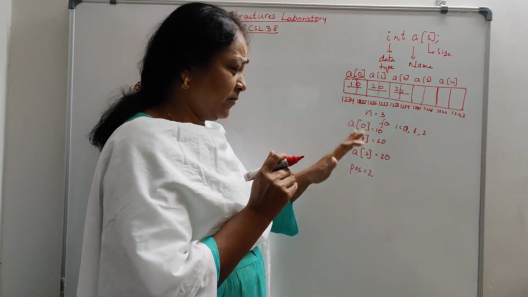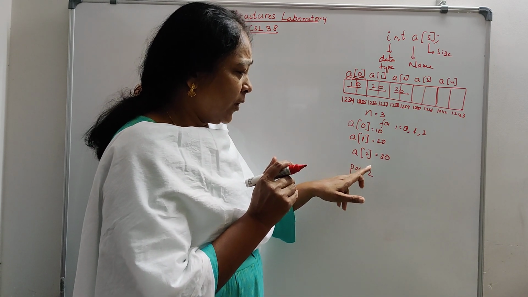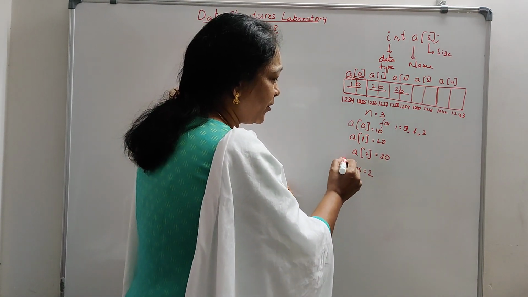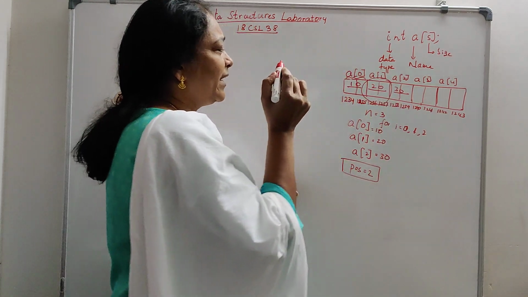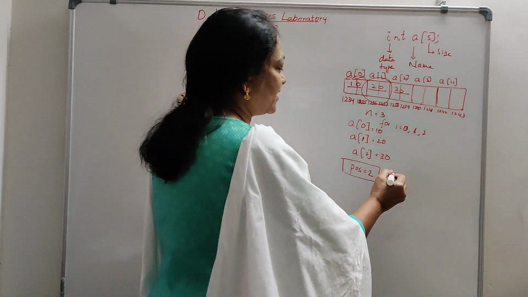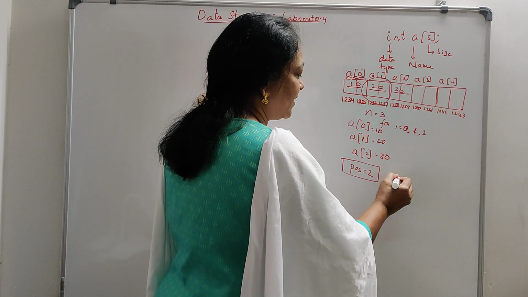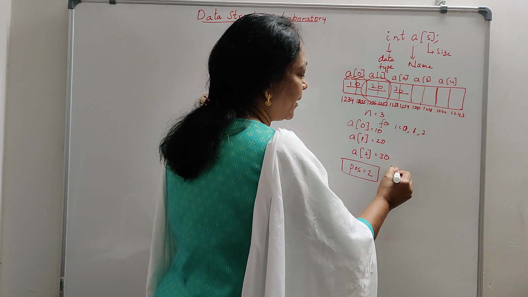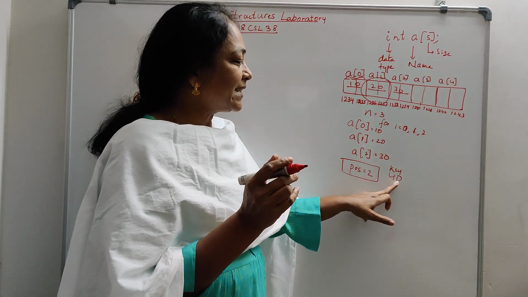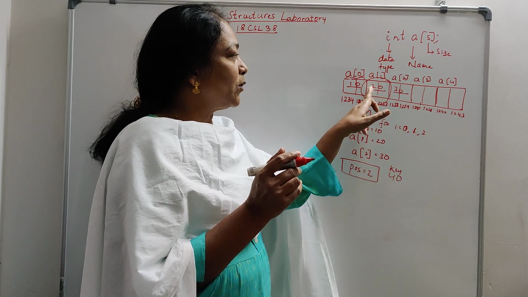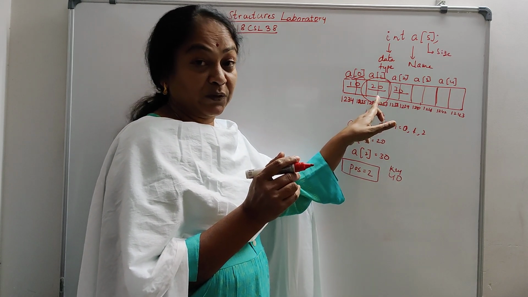What I am doing is position 2. For me, it is this particular position. I want to insert an element here. Suppose it is 40, the new element which I want to insert. I'm using a variable called key. I want to insert this key element in position 2, that means in this position.